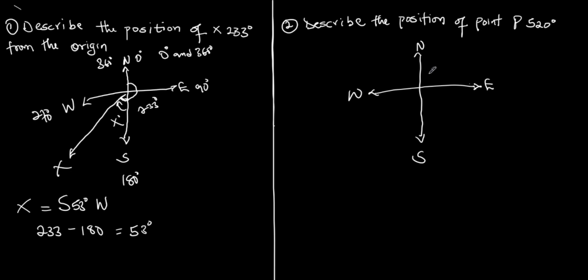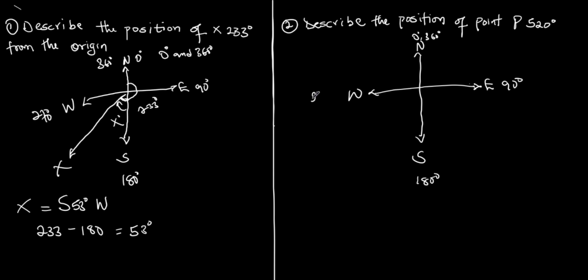Now, of course, always you start drawing from the origin, which is the north, right? The north is both 0 degrees and 360 degrees. Starting from the origin to the east is 90 degrees. The south is 180 degrees.